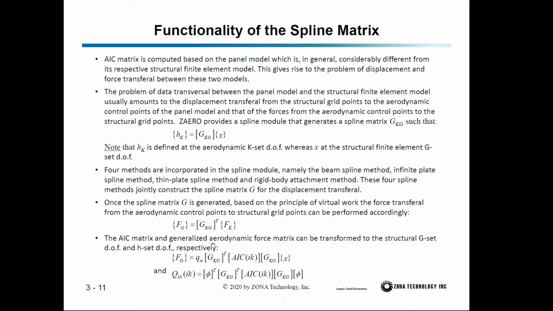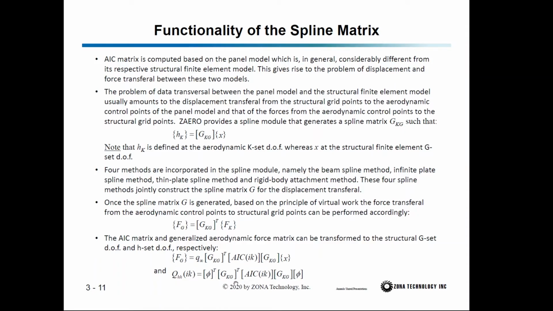The AIC matrix and the generalized aerodynamic forces matrix can be transformed to the structure G set and the H set. So if you have a structure deformation in the G set and go through the spline, it will give us the K set, and multiplied by the transpose of the spline matrix, we will transfer the forces back to the G set.